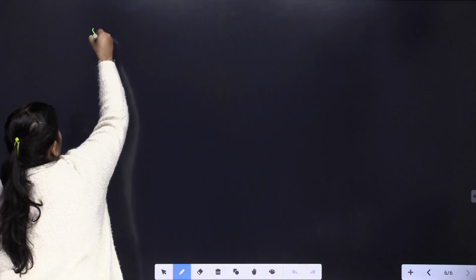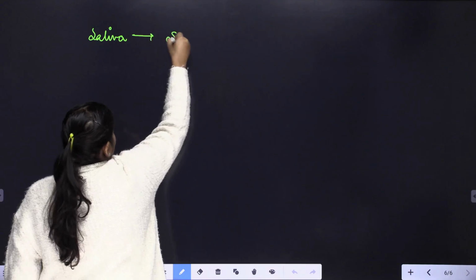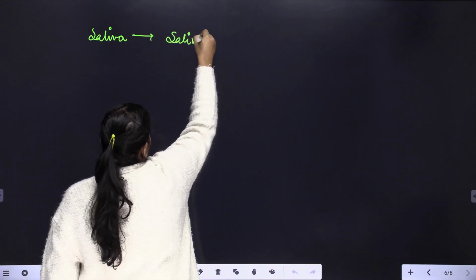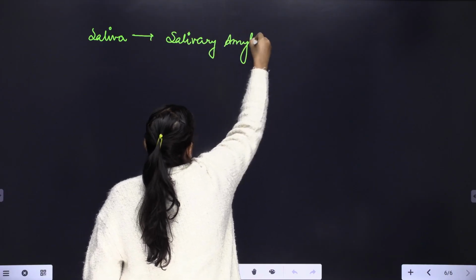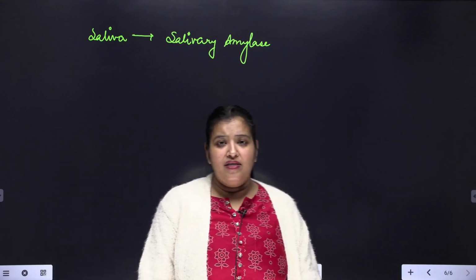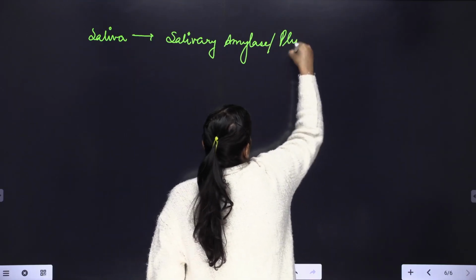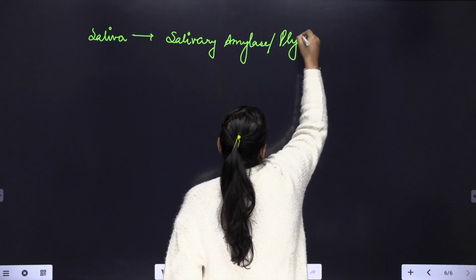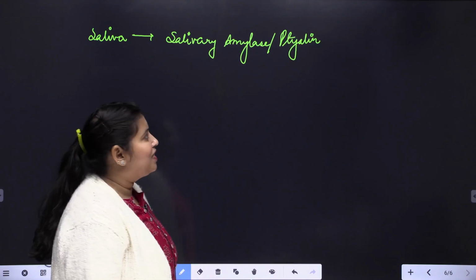Saliva has the enzyme salivary amylase. The enzyme salivary amylase is present. This is also known as ptyalin. All right. So salivary amylase and ptyalin.